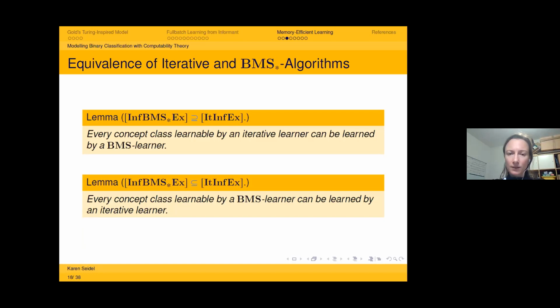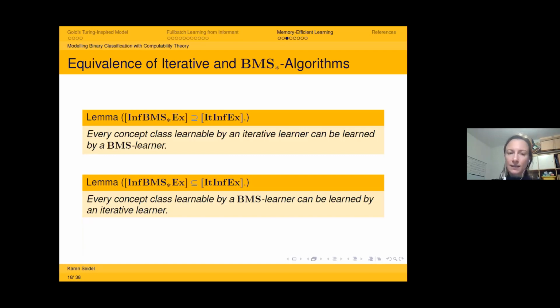What is not as obvious, but also nice to see, is that from a BMS star learning algorithm that is successful, one can also gain an iterative learning algorithm that is successful. And this can be done by encoding the translation diagram into the hypothesis. But I would like to give you the idea.